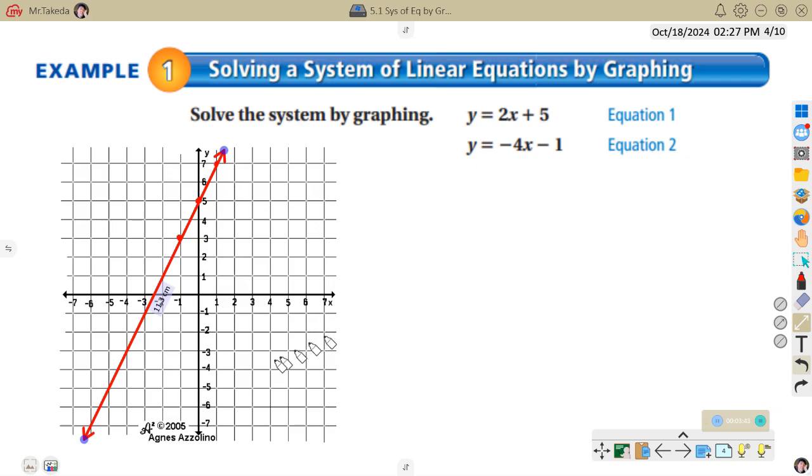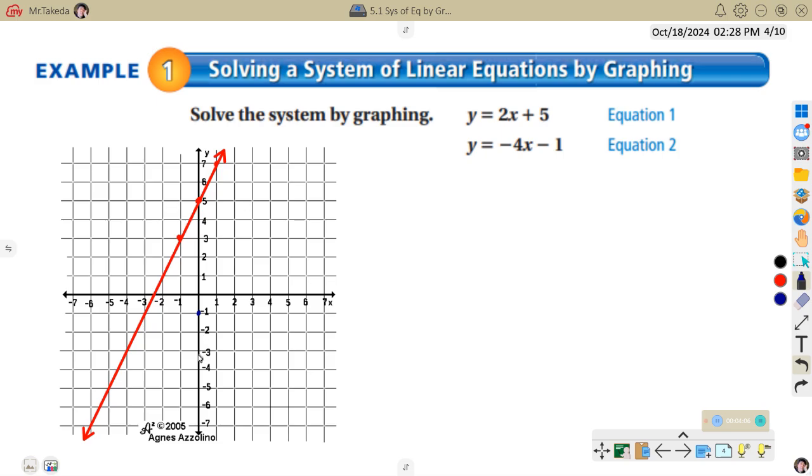Okay, so there is the first graph. y equals negative 4x minus 1: my y-intercept is negative 1, and a slope of negative 4.